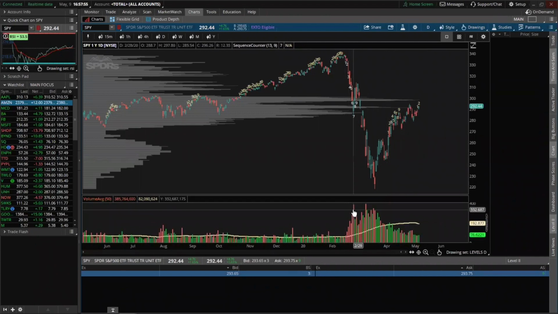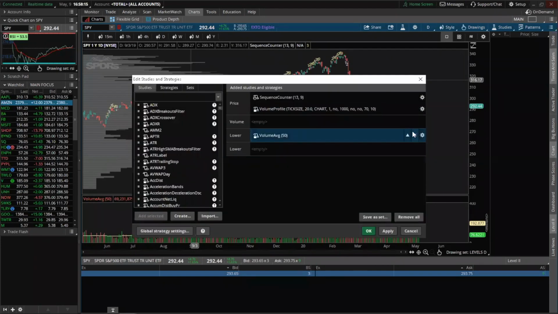On February 28th, we had a lot of sell volume, which is here. And then here we had a lot of buy volume where markets start rallying. But I'm more interested in the volume by price.